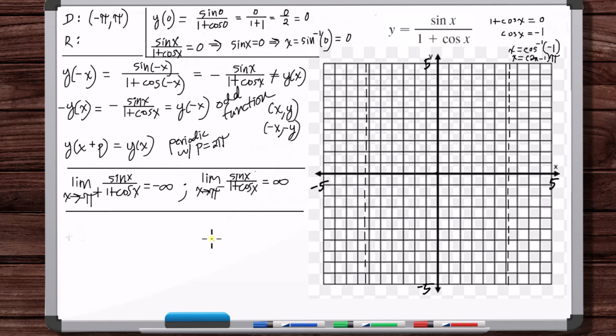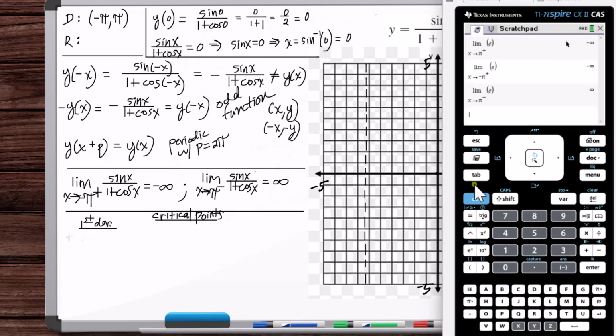Okay. Next, let's get critical points outside of the endpoints. First, let's go to critical points with respect to the first derivative. All right. So the derivative with respect to x of e. Okay, so there's nowhere where this equals 0. Is there anywhere where this doesn't exist?